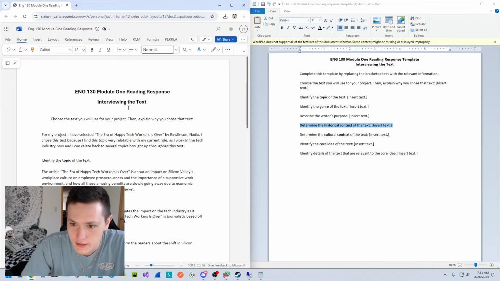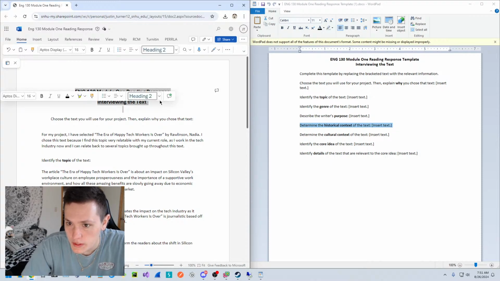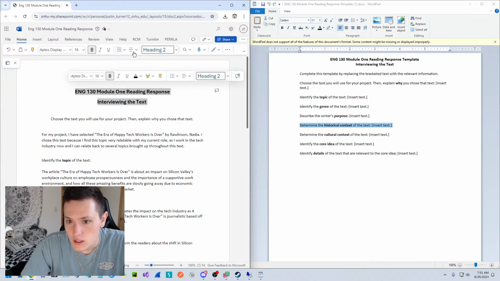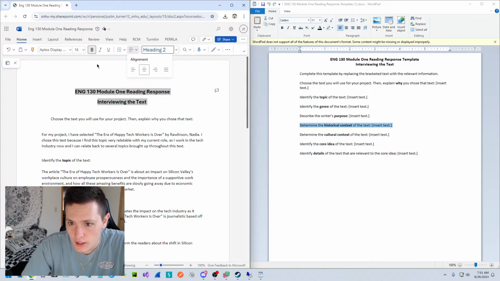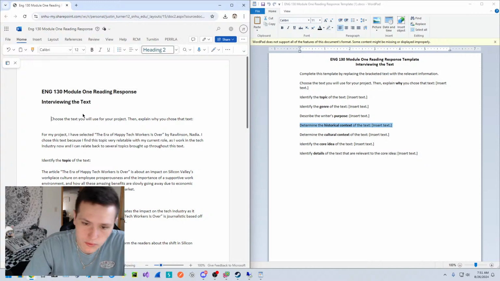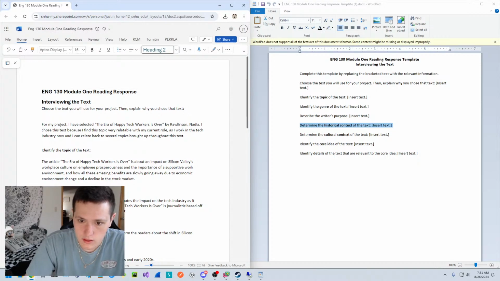I was trying to fix this, so with this header right here, whenever I try to align it, it also indents right here, which I don't want. I just want to align the heading. I'm doing something wrong though. But it's weird, because whenever I move it back, see, it moves this over.